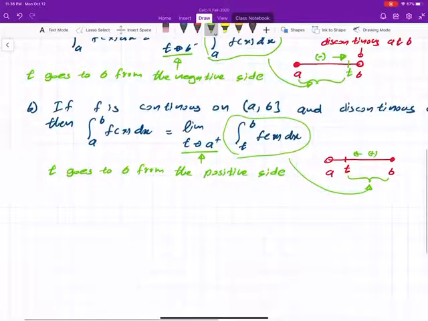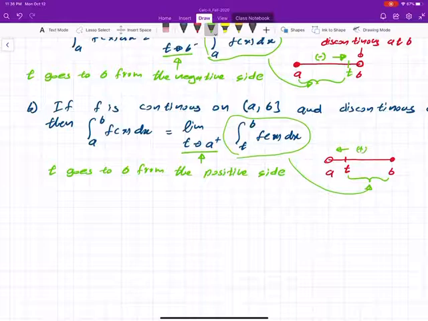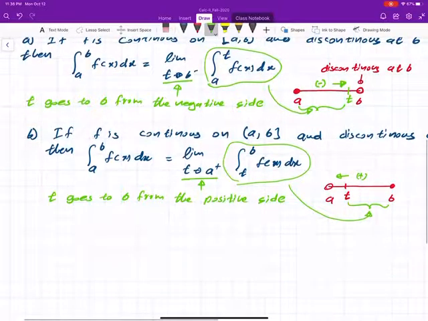Let me rewrite this. You are reaching a from the positive side.